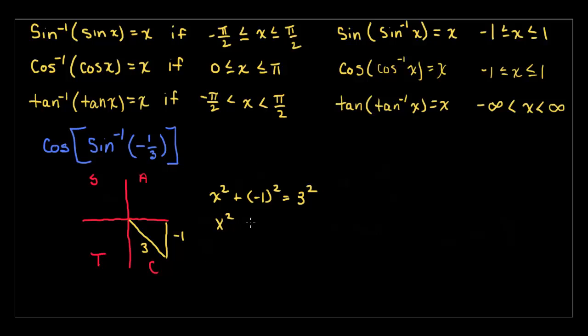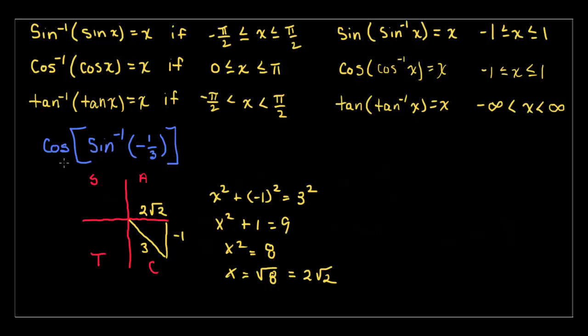X squared plus 1 equals 9. X squared equals 8. X is equal to the square root of 8, which is 2 square root 2. So x is 2 square root 2.